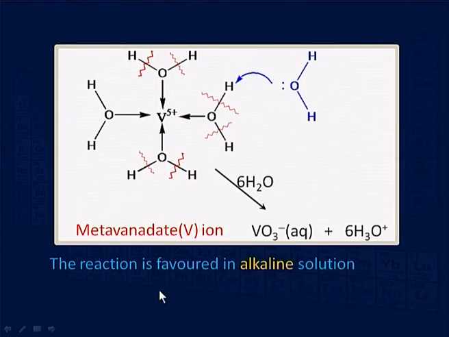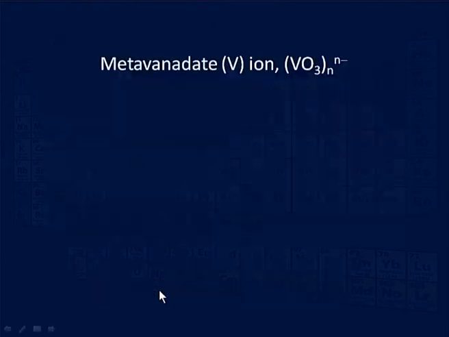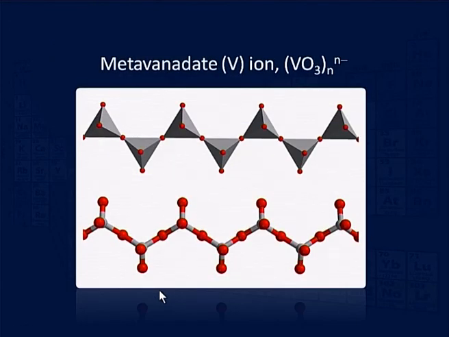This is the structure of the metavanadate ion in three dimensions. In acidic solution, particularly with zinc powder, you can very easily convert vanadium +5 into vanadium +2, that is, you can carry out reduction sequentially from vanadium +5 to vanadium +2.